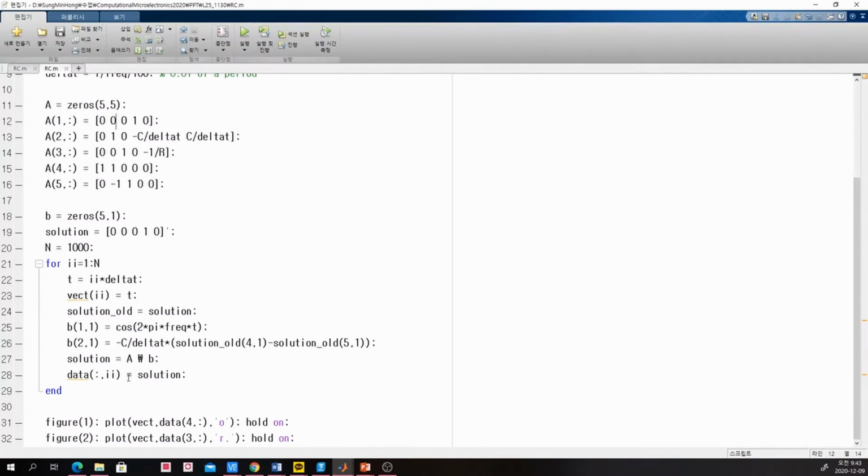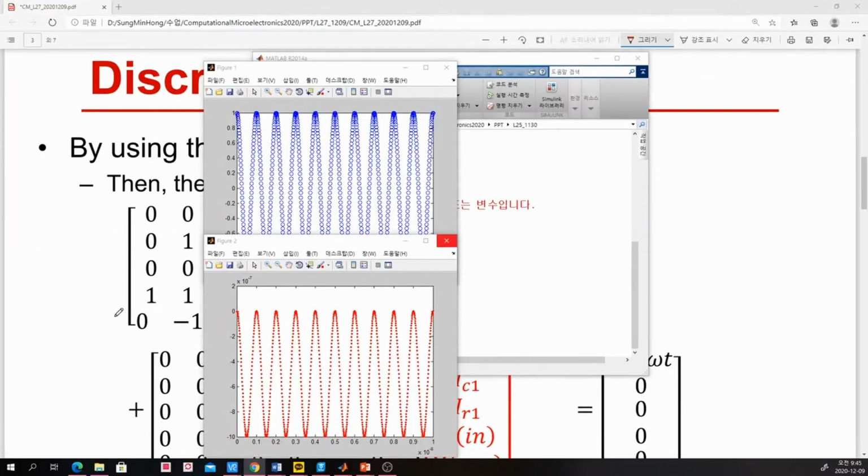There is nothing more difficult than this program in transient simulation. So if you are working with transient simulation, this program can be used as the backbone of all of your transient simulation. Let's go to our last slide.